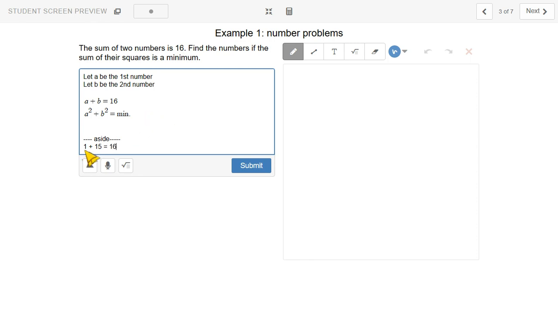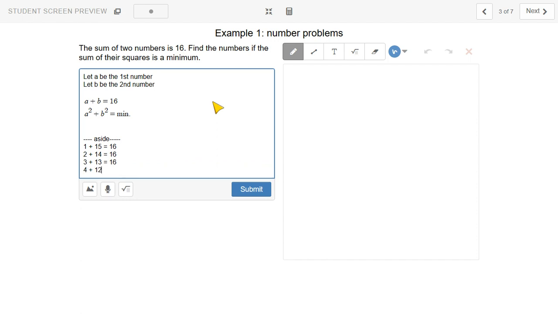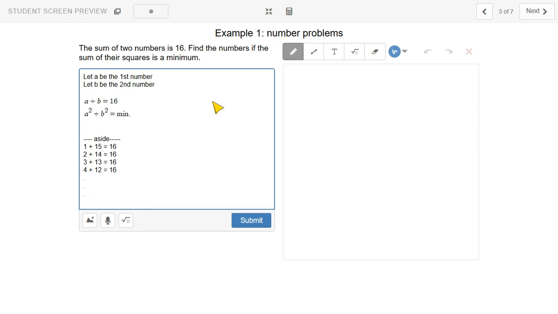My A is 1, B is 15. I could have 2 plus 14 is equal to 16. 3 plus 13 is equal to 16. And so on. You see the pattern here.